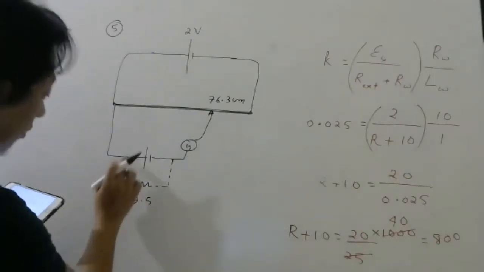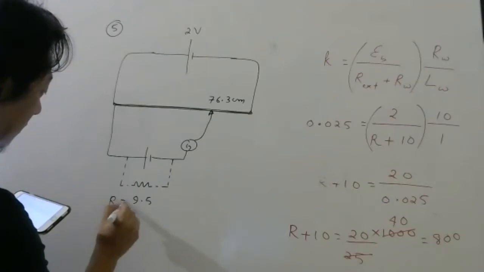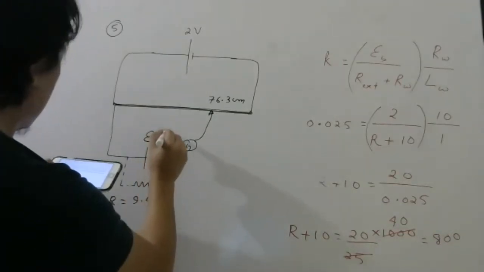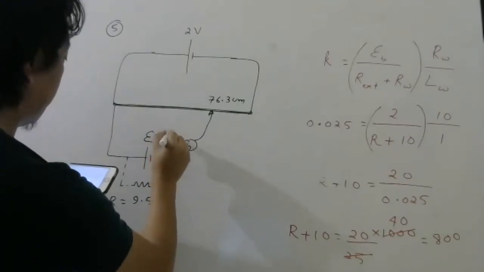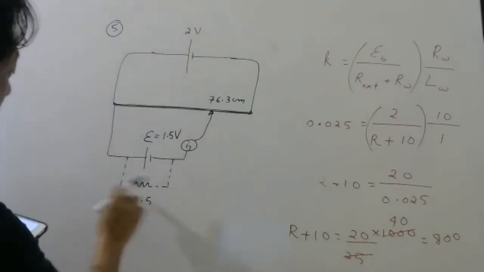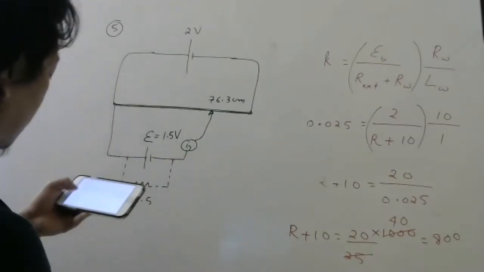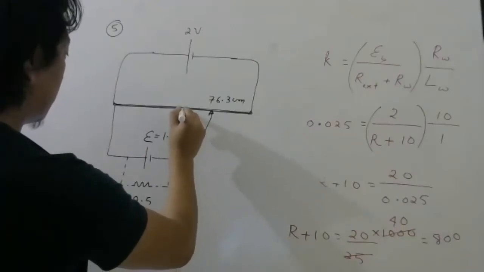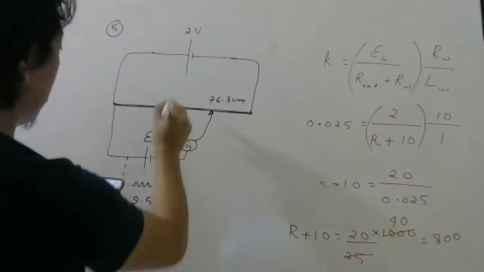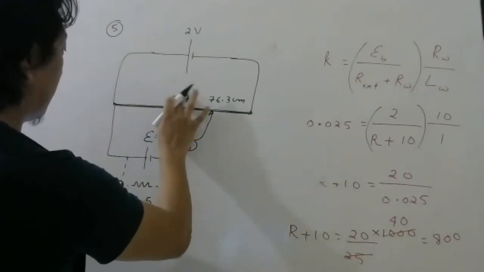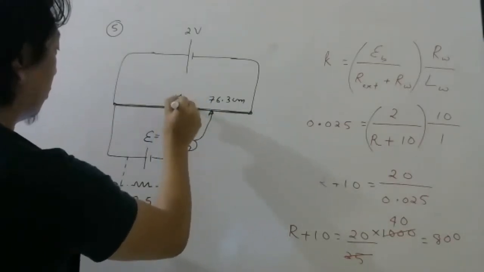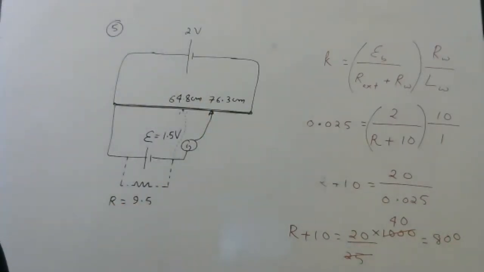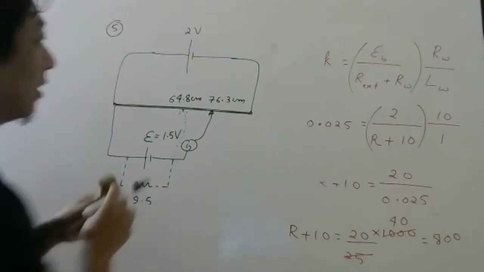Once you connect this resistor, capital R, here, this is the EMF of the cell to be measured, which is given as 1.5 volt. Once you put this resistor, the voltage here will be the terminal voltage, so your balance point will decrease, and the balance point is now 64.8 centimeter. Determine the internal resistance. We already know the formula.